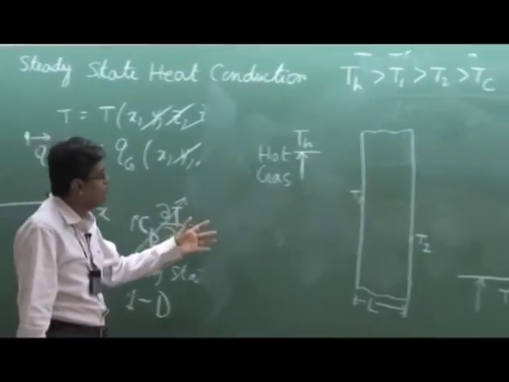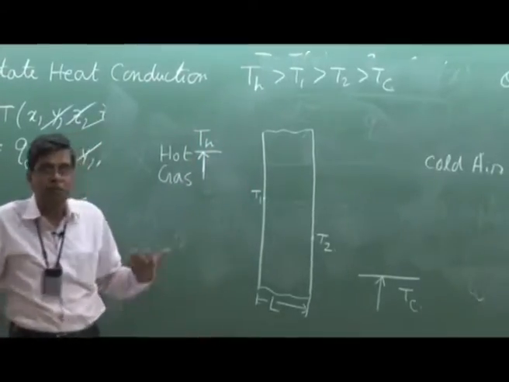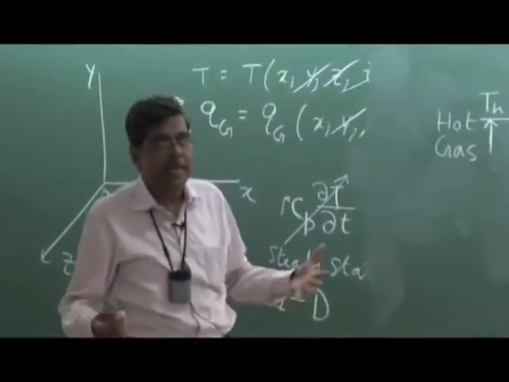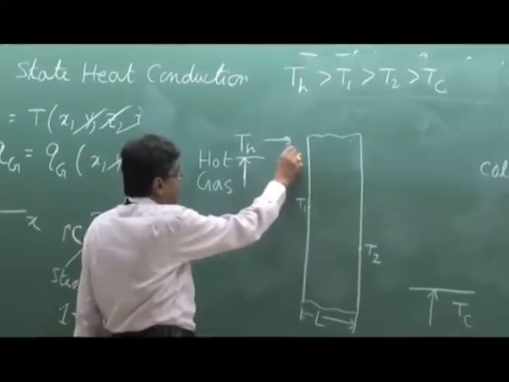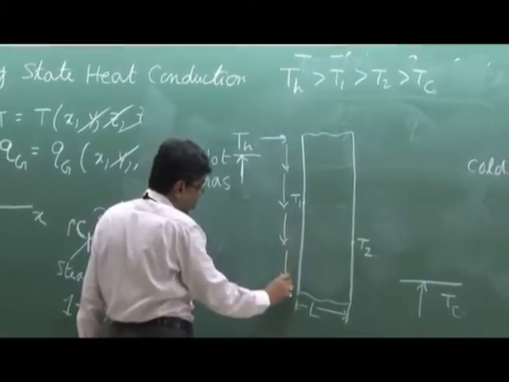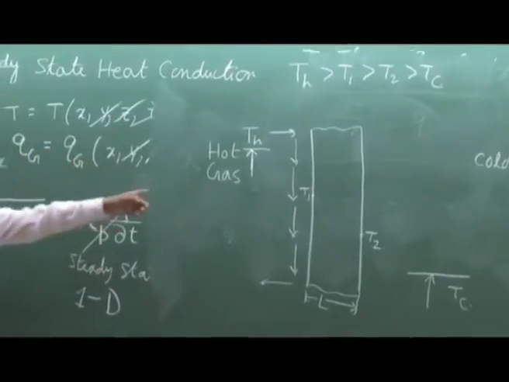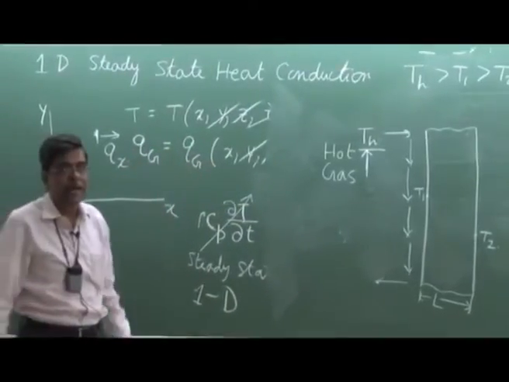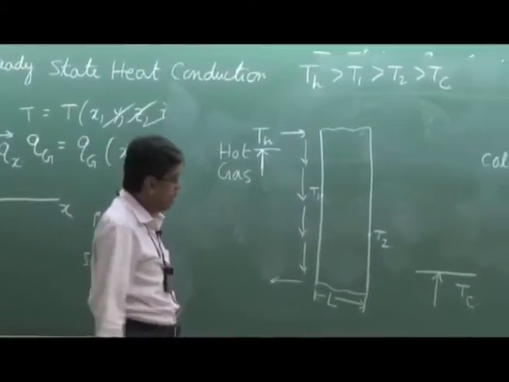Here what happens, if the hot gas is there, hot gas may be flowing, may not be flowing. In case of a stagnant hot gas, there will be a natural circulation flow like this, which I discussed in one of the earlier classes. This will be discussed in details when we discuss convection heat transfer.